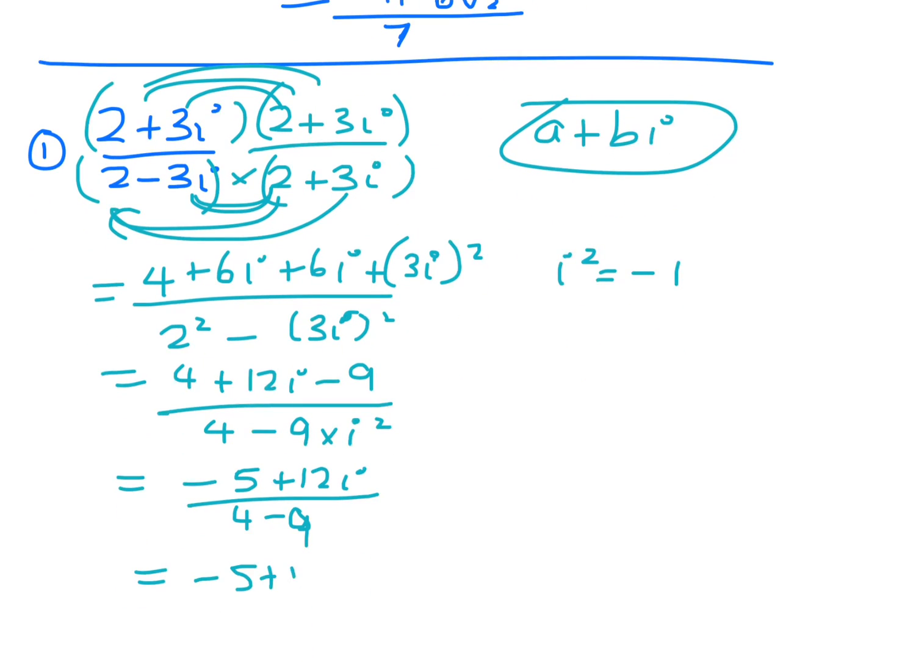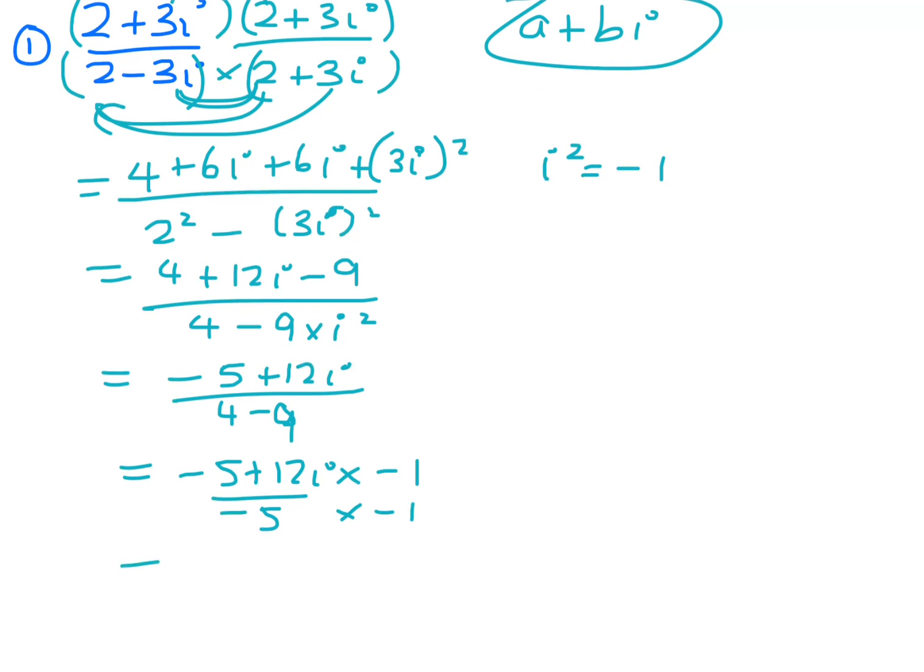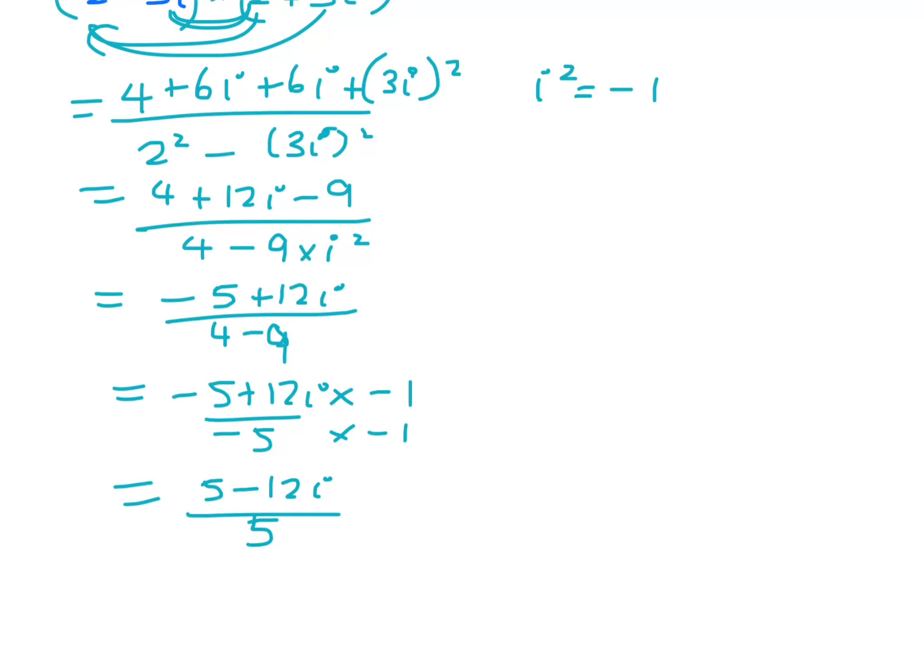So it's minus 5 plus 12i on minus 5. If you don't like the minus on the bottom, just change the sign on the top, because it's much neater to have a positive denominator. And if you then had to put that into the form of a plus bi, it's 5 on 5 minus 12 on 5i, which is 1 minus 12 on 5i.